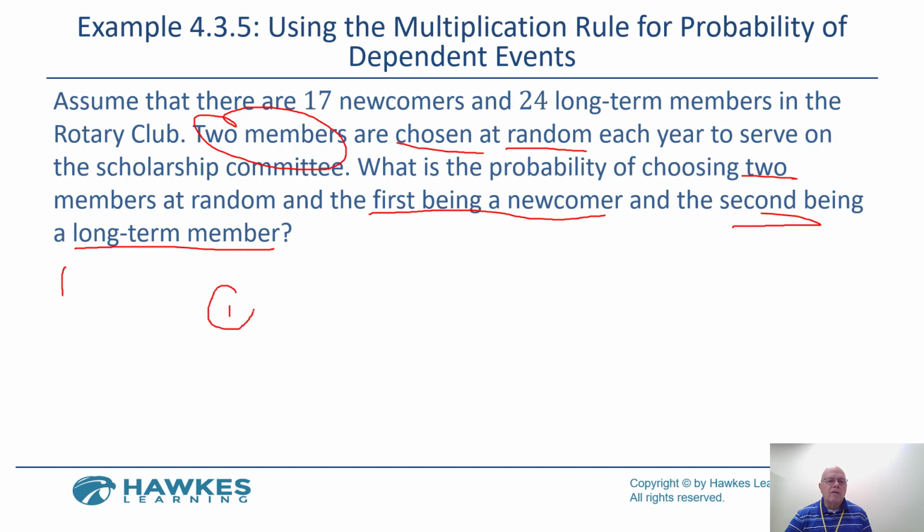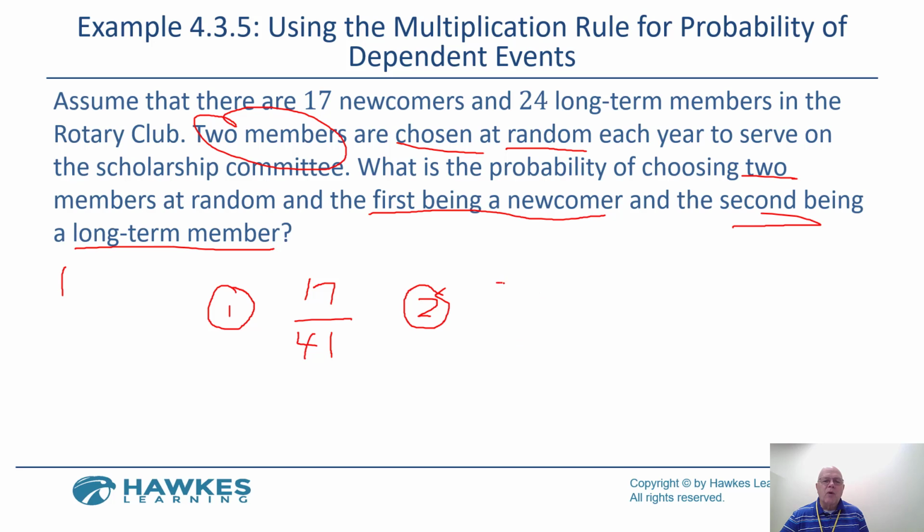Well, first selection. There are 17 newcomers, so when we make the first selection, 17 newcomers to choose from. And we've got how many to choose from? We've got 17, 24, 41 members. That's on the first selection. When we go to make the second selection, we want to pick a long-term member.